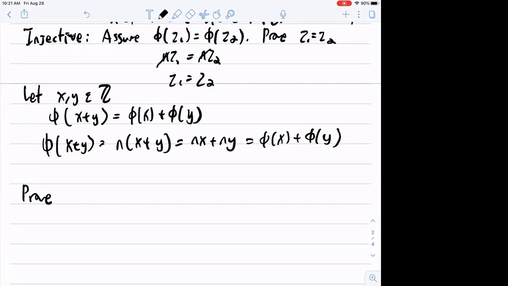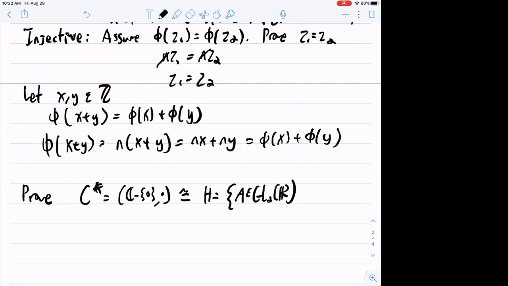I'm just gonna call that H. So again, this is C star, the complex numbers without zero under multiplication, is isomorphic to H, where H is equal to the set of A in GL2(R) such that A is of the form (a, b; -b, a).